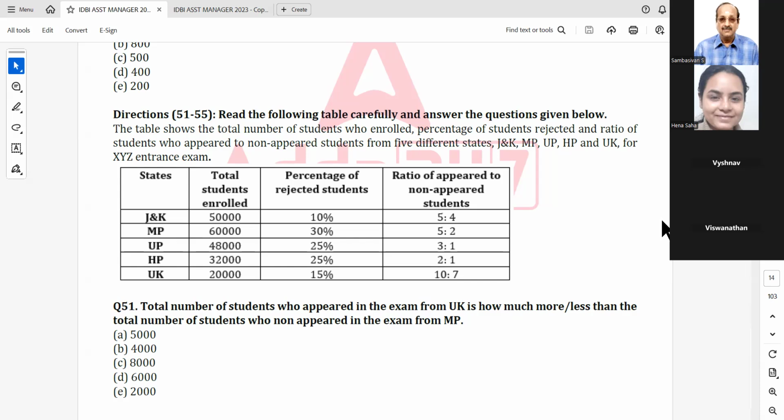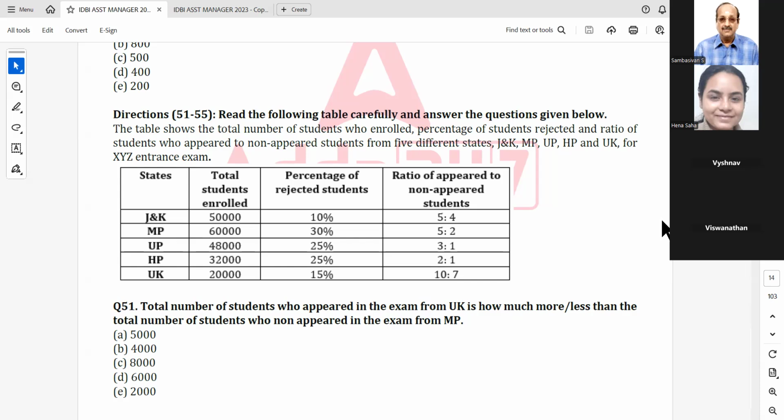Okay, sir. Because in MP, total number of students enrolled is 60,000. Percentage of rejected students is 30,000. That means to get admitted, 42,000. The ratio of appeared to non-appeared is 5:2. That is 30,000 is to 12,000.